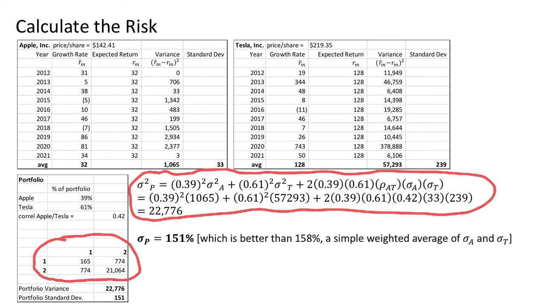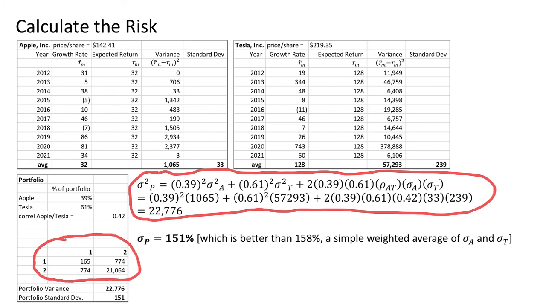So we'll multiply that times 61% squared to get 21,064. If you do this calculation on a calculator and you get a slightly different number, it's because you are seeing rounding errors that would not occur if you had all the decimal places or if you're doing this in an Excel spreadsheet.